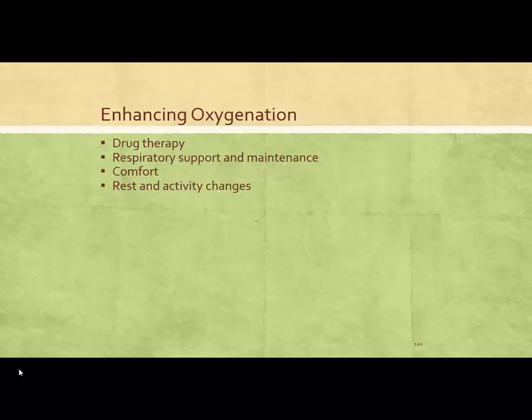Again, these are different things that we talked about in class as far as enhancing oxygenation. We talked about the use of O2, bronchodilators, steroid inhalers, steroid nebulizers. We also talked about the use of Roxanol inhaled to not only help with maybe some relaxation as well as oxygenation.